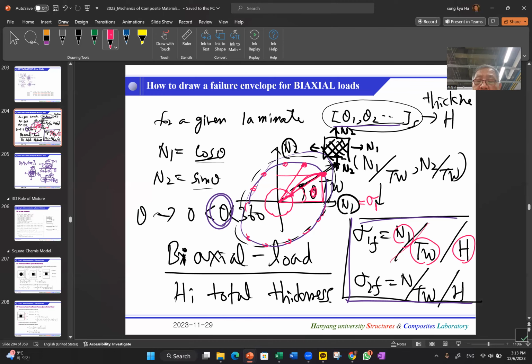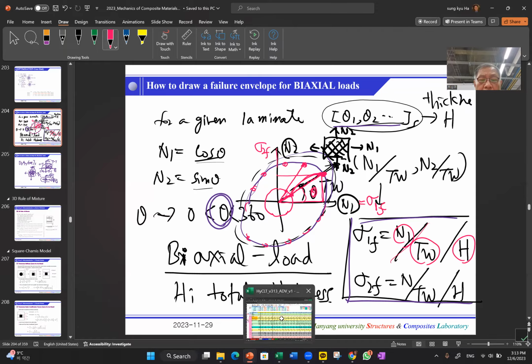That is the sigma 1 failure and the sigma 2 failure. This is a very simple approach, but again, a very powerful procedure. It helps us to draw the failure envelope and also to understand what is meant by the failure envelope.